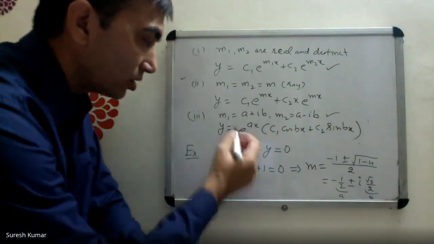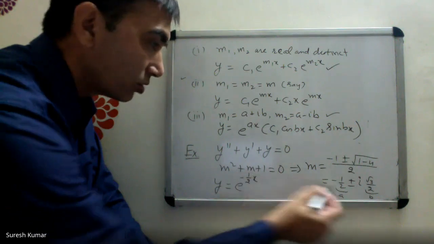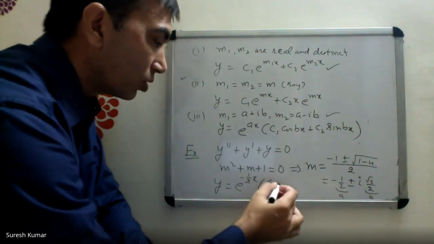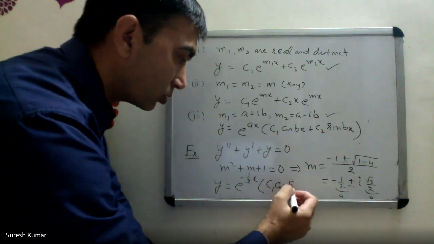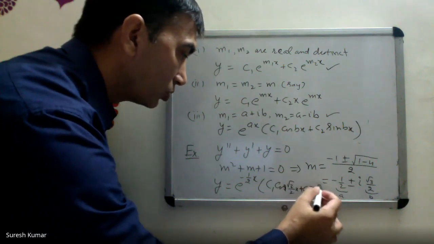So the solution in this case is e^(−x/2) because a is minus half. c1 cos bx, b means √3/2, so cos(√3/2 x) + c2 sin(√3/2 x).